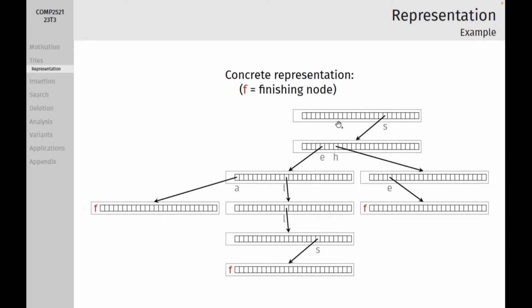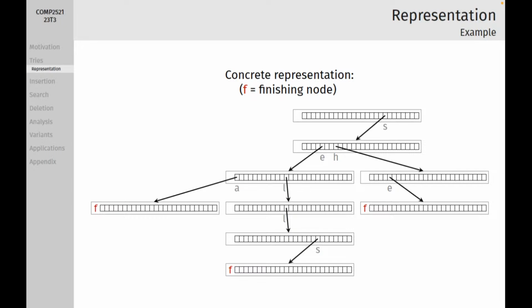Each node contains 26 pointers, and the index of a pointer determines the letter, right? So for example, in the root node, we have a pointer at some index, which happens to correspond to S, right?